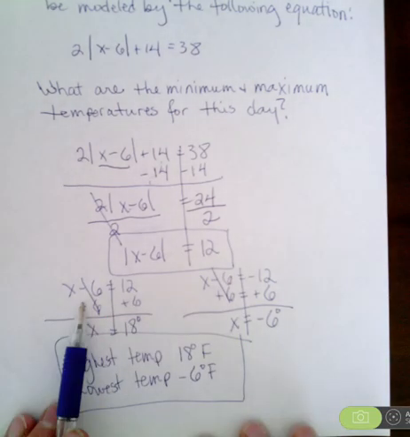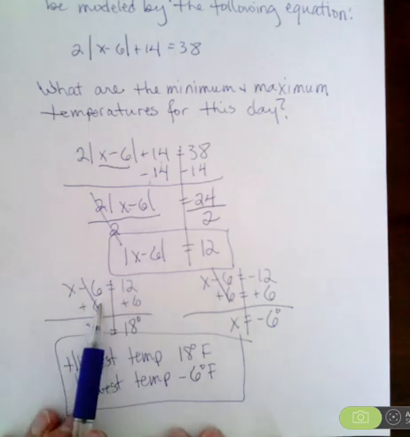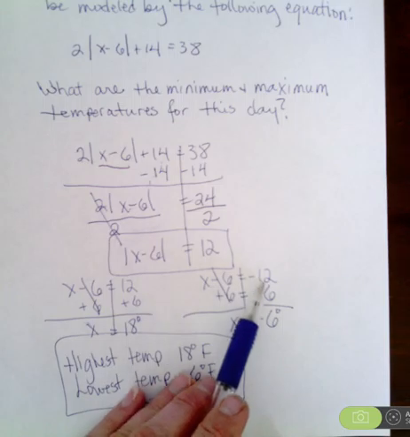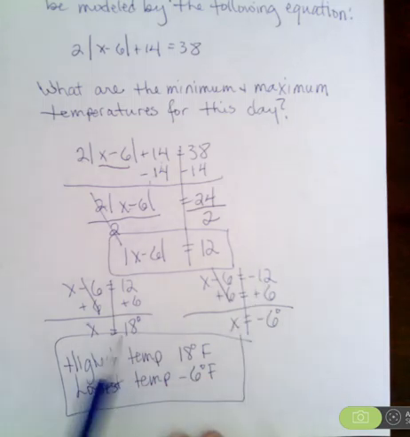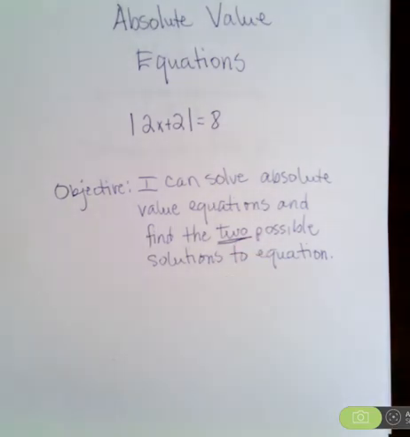We then rewrite the problem two times, once rewriting it the way it's written, and the second time taking the answer and making it negative. And then we solve for our variable to come up with our two different possible values for x. And voila! You are now able to solve absolute value equations and find the two possible solutions to each of these problems.